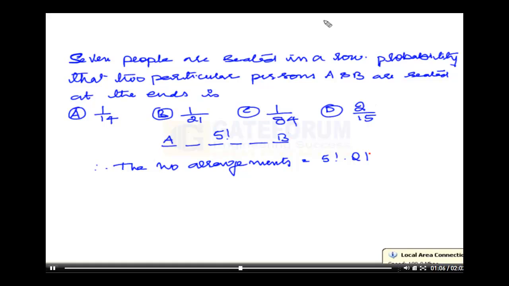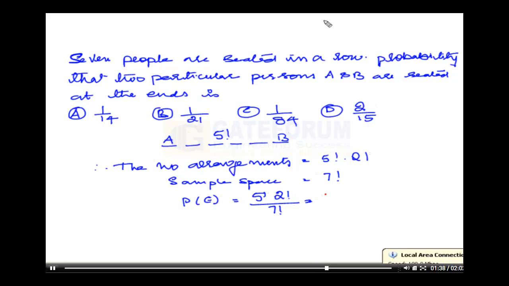But we have to find the probability that these 2 persons are at the ends. Therefore, now the sample space, that means the arrangement of 7 people in a row, is 7 factorial. Hence, the probability of the event having A and B at the ends is given by 5 factorial, which are favorable events, into 2 factorial by 7 factorial.